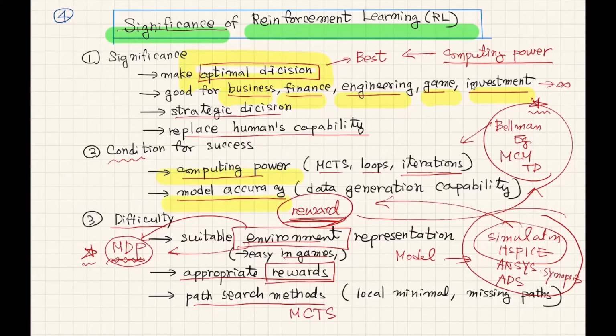Also, your problem has to be a Markov decision process, and you have to make a good definition of reward. I think this slide, number 4, is an overall summary of reinforcement learning. And probably at the end of class, I'm going to come back to talk about this again.